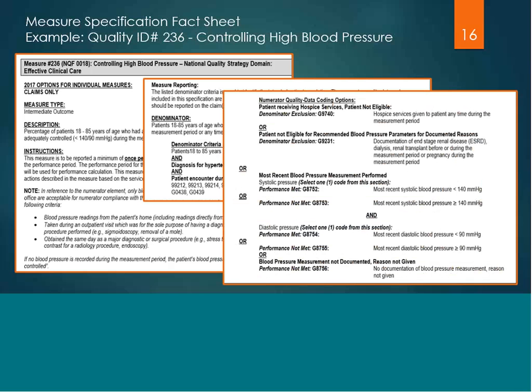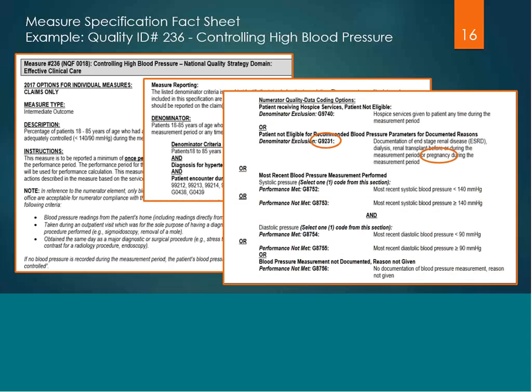So if I did have a patient that falls within this patient population, but she is pregnant, I would have to then report the denominator exclusion code G9231. Note that not all quality measures have exclusion codes, but for this example, it does.